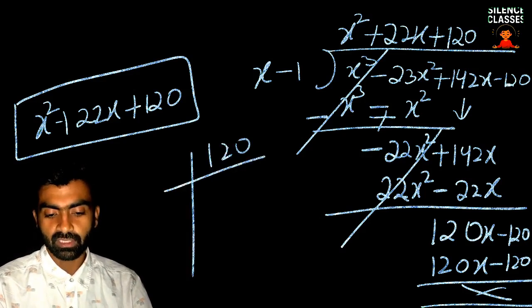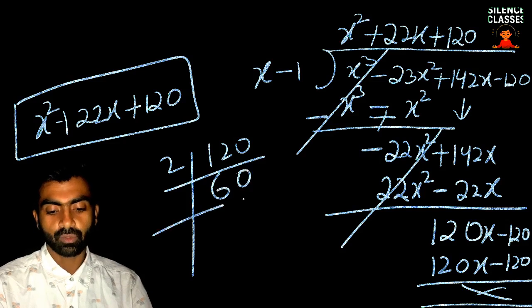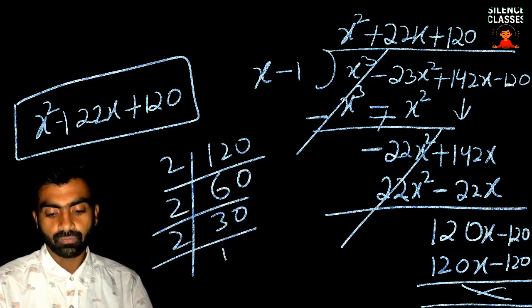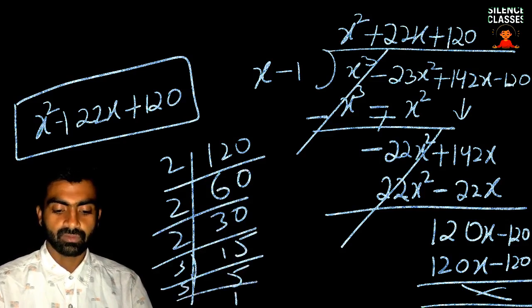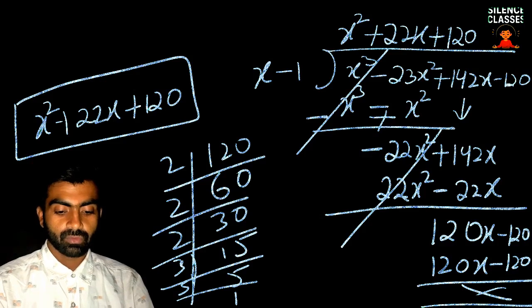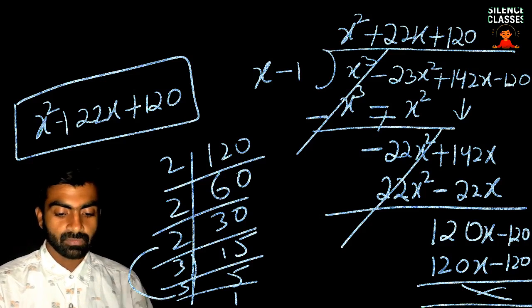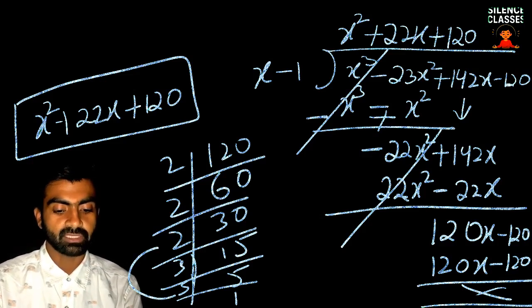So 120, 60, 30, 15, 5. 5 twos are 10, 3 fours are 12, and so on.